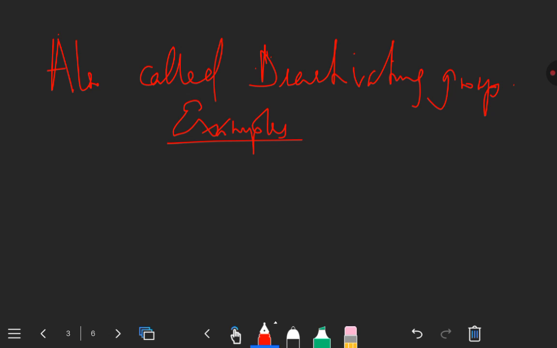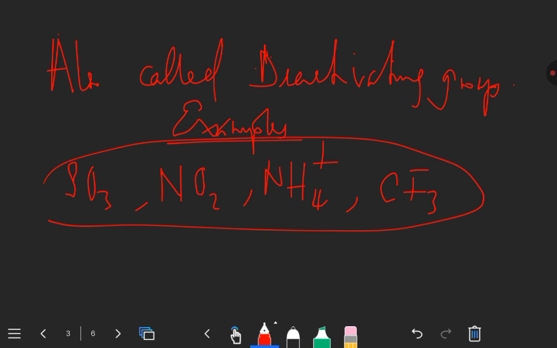So some of the examples are when you have SO3, when you have NO2, when you have NH4 plus, which is ammonium, when you have CF3. So all these are deactivators.